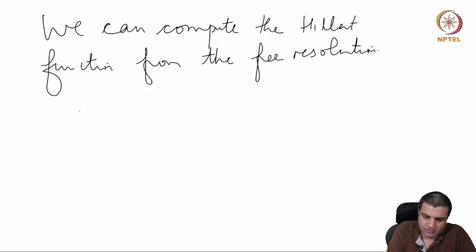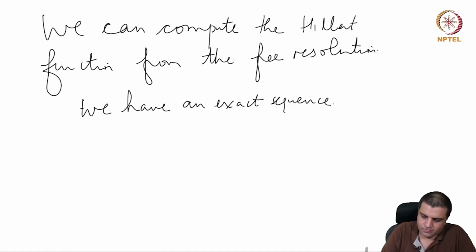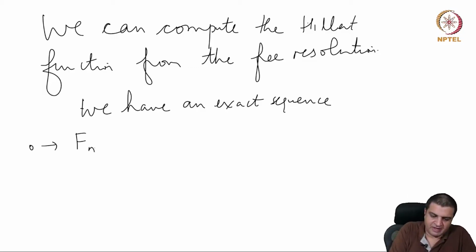We have an exact sequence: 0 to some Fn. I'm not saying that these are non-zero free modules, but we just know that it doesn't go beyond Fn, so we just stop there. Okay, so this could be 0, it doesn't matter.